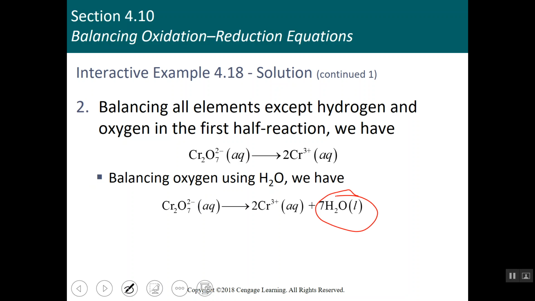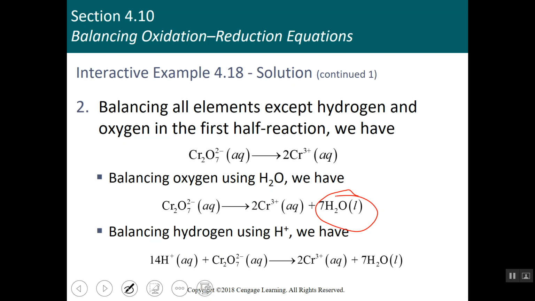What that does is add additional hydrogens, so we have to go back and forth, and put 14 hydrogens on that side, and that's going to balance out that equation in terms of the elements on both sides.